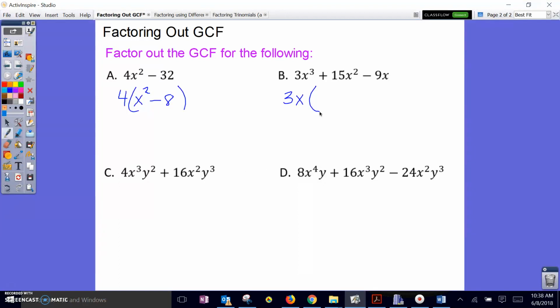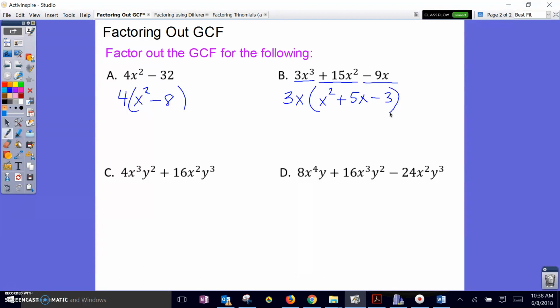So we ask ourselves, 3x times what gives us 3x to the third? That's x squared. 3x times what gives us plus 15x squared? It's plus 5x. And 3x times what gives us minus 9x? And that's minus 3. And there's our factorization by removing the GCF.